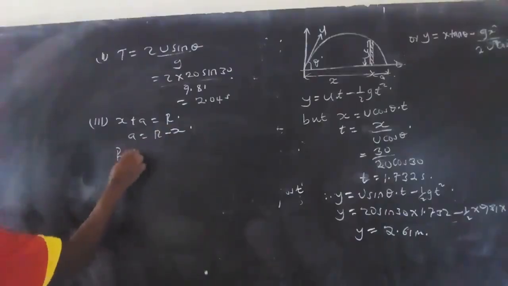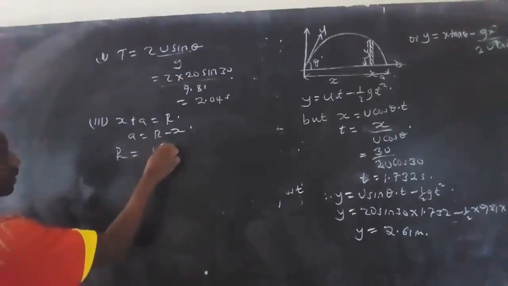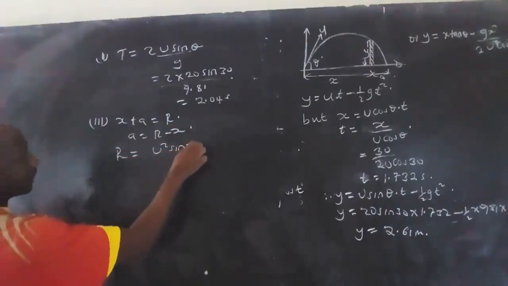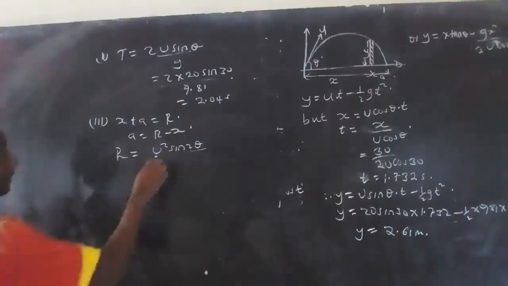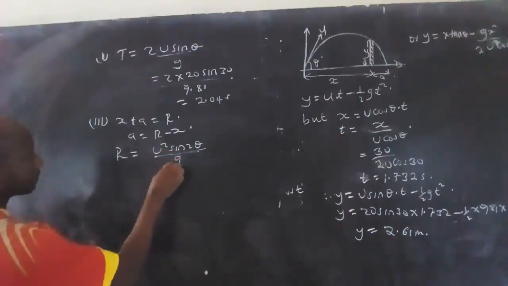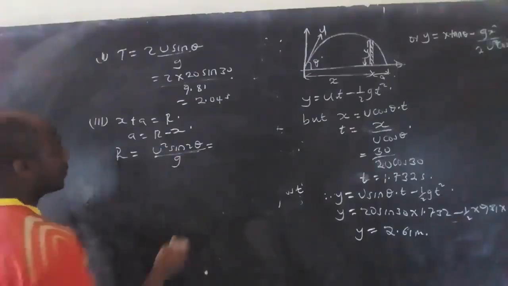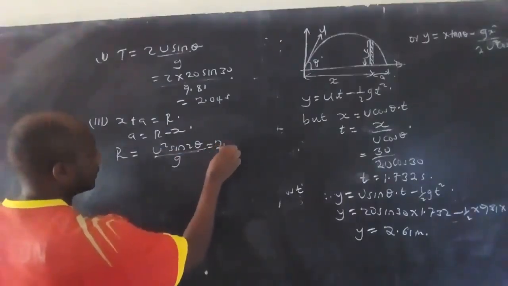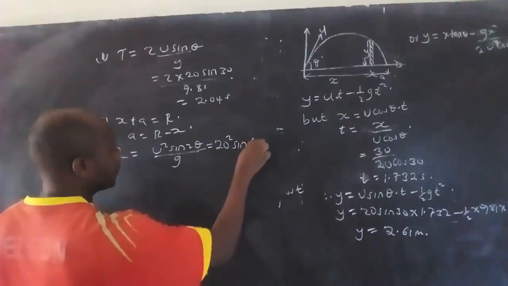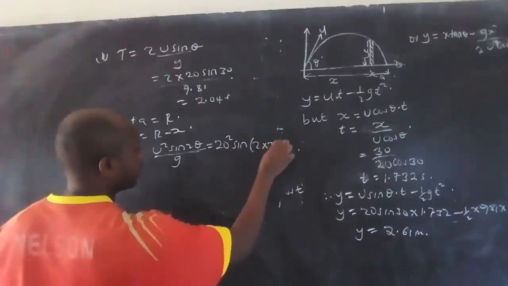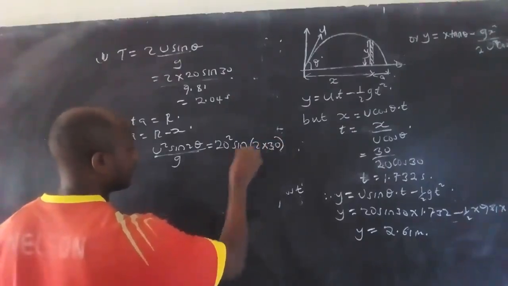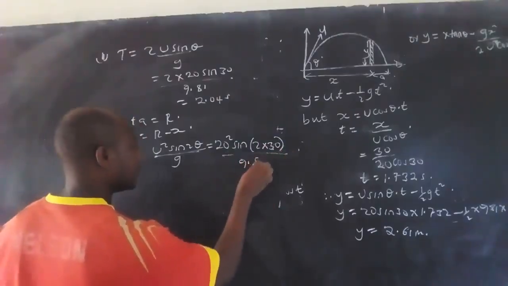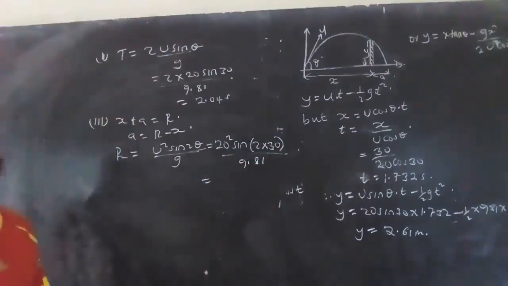So our range is u squared sine of 2 theta divided by g, which will become 20 squared sine of 2 times 30 divided by 9.81. So what do we get for the range?